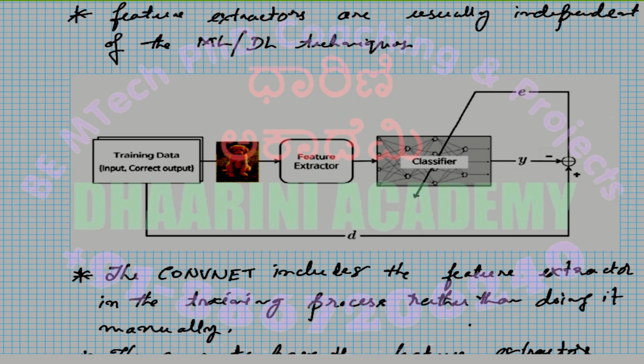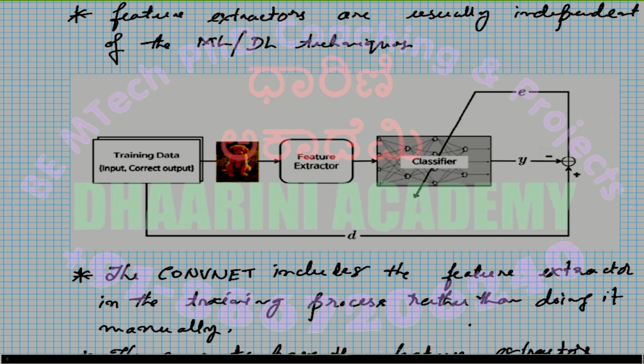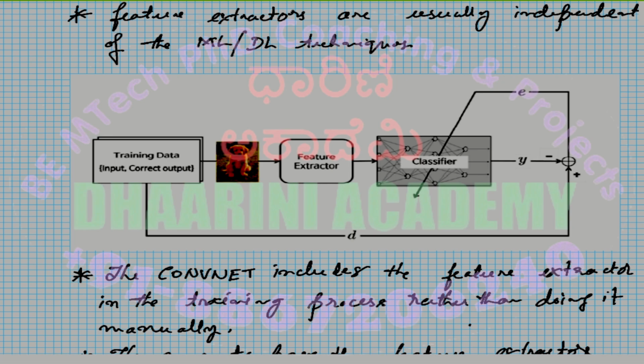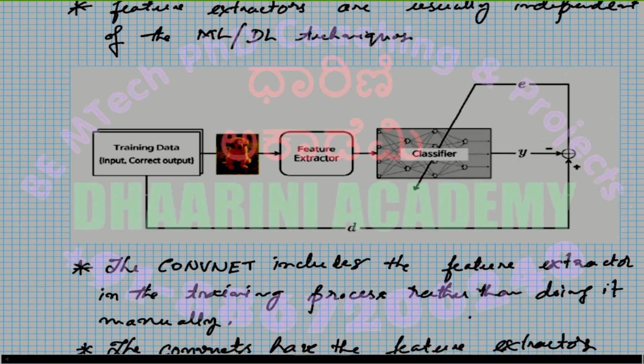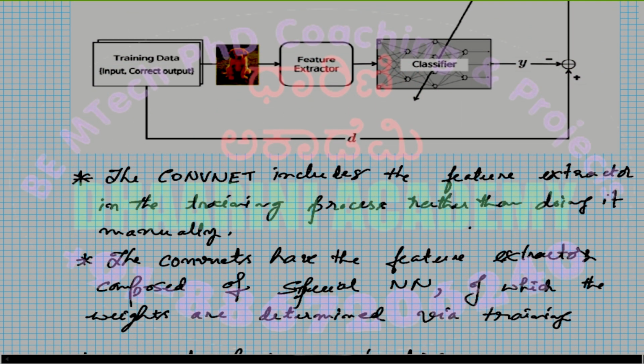The training data will have input and the correct output, two parts, and those two parts cannot be directly given to the classifier because the data set is huge. So you have to extract the specific features and give them to the machine. So there is a block called feature extractor followed by a classifier. The classifier is the normal machine learning based classifier, or it can be even our ANN.